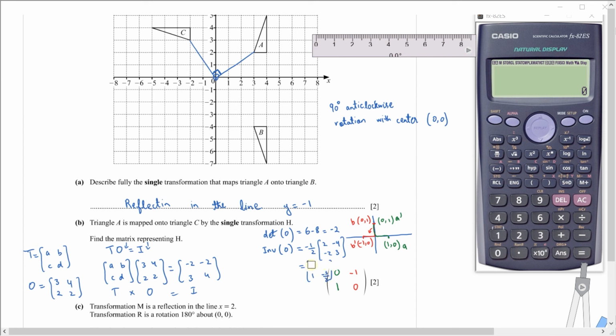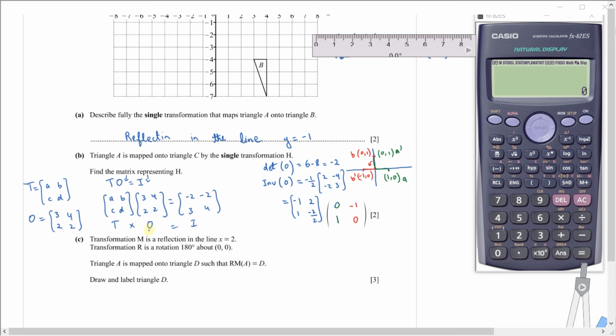So this inverse is minus 1, 2, 1, and minus 3 over 2. So this is your inverse of this matrix O.